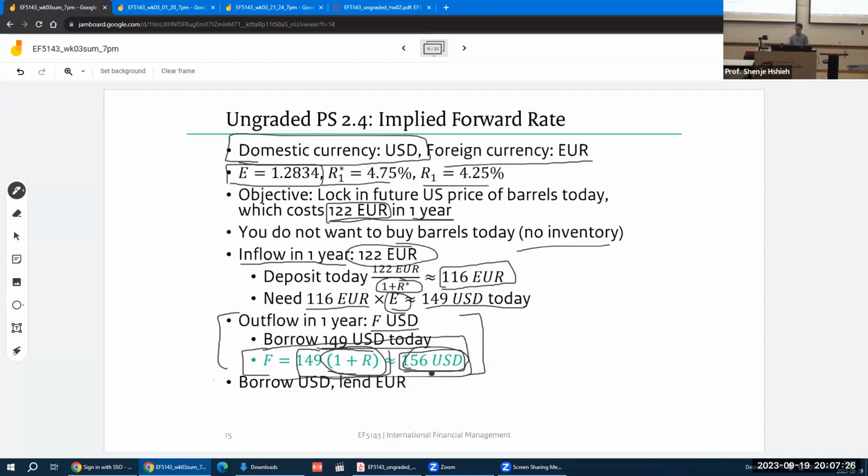That's it. So I guess the punchline should be exchange rate of 156 US dollars for 122 euros. And I'll let you calculate the exchange rate yourself.